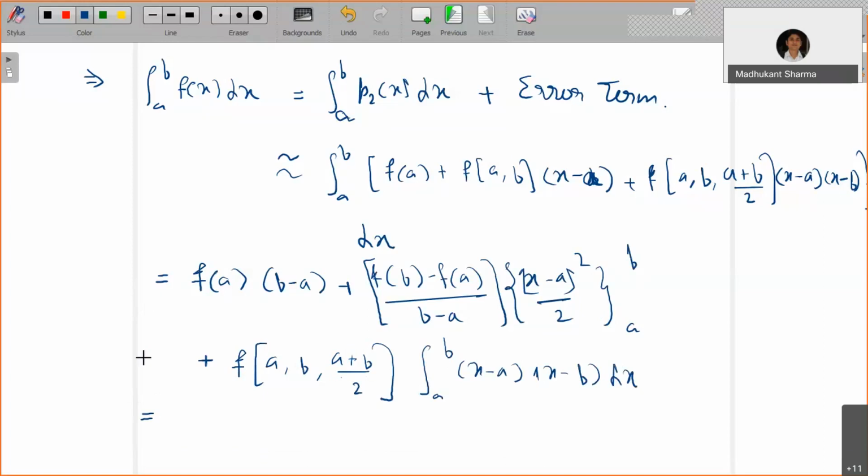This is b minus a whole square by 2. One b minus a will get cancelled, and if you sum up the first and second terms, what you will get is b minus a by 2 times f of a plus f of b. The first two terms lead to the trapezoidal rule. Now what about the next term? That is going to be f of a comma b comma a plus b by 2.